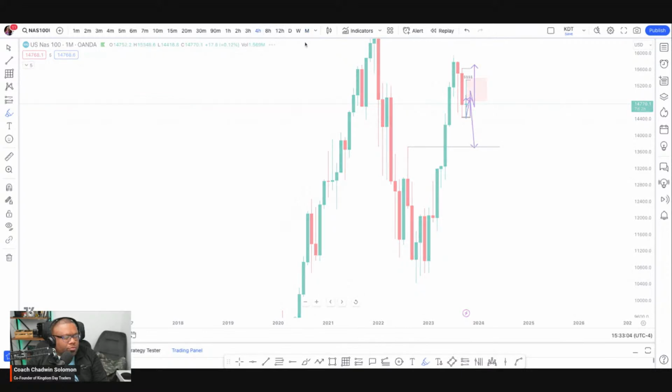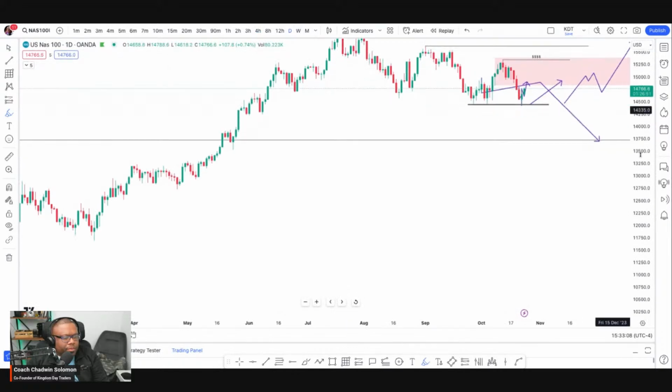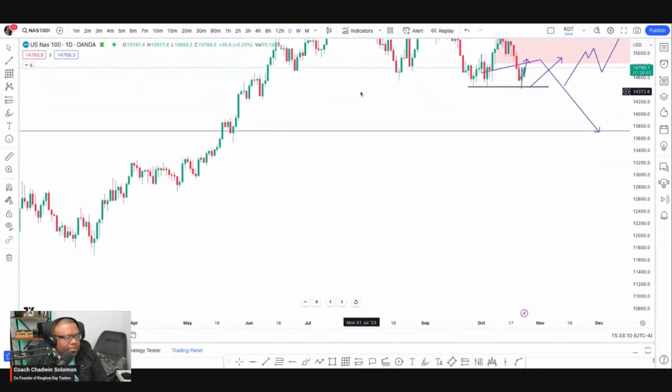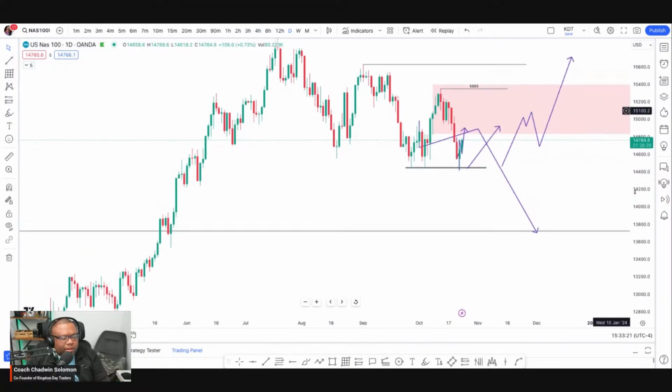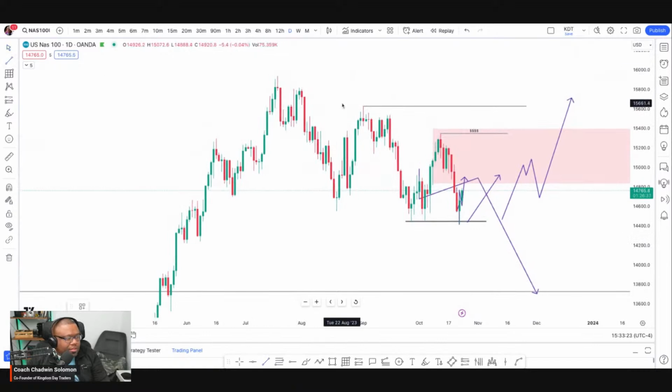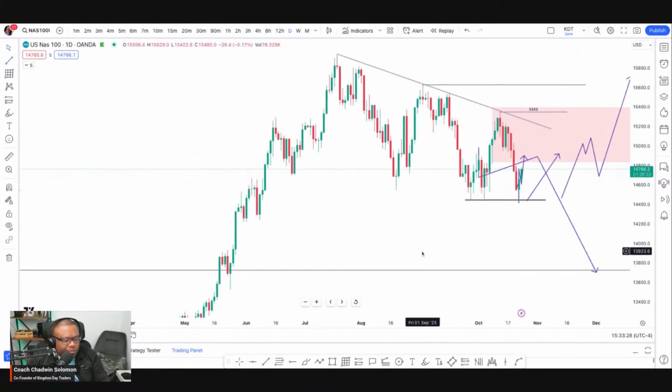For now, either we go and tank from this area down, or we break through and we put in a higher price. Now, if anybody tells you that they know exactly what it's going to do, they're lying. The reason they're lying is because there's a bunch of liquidity on both sides of the market.